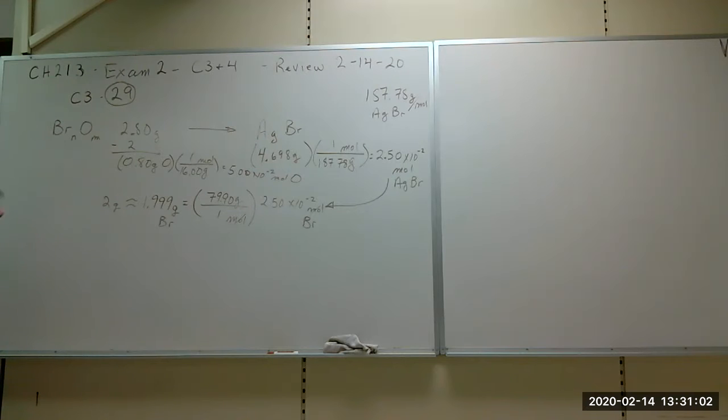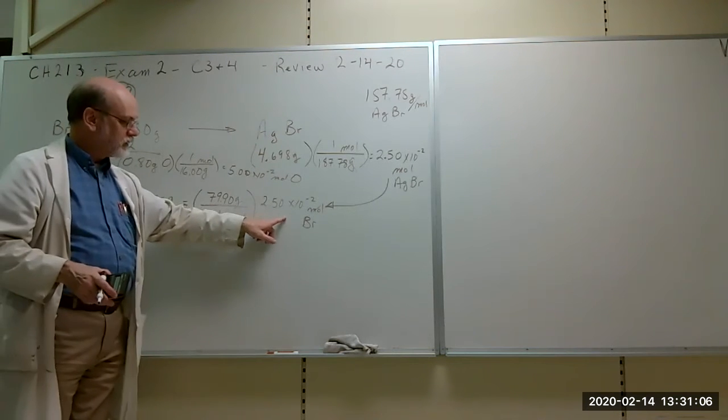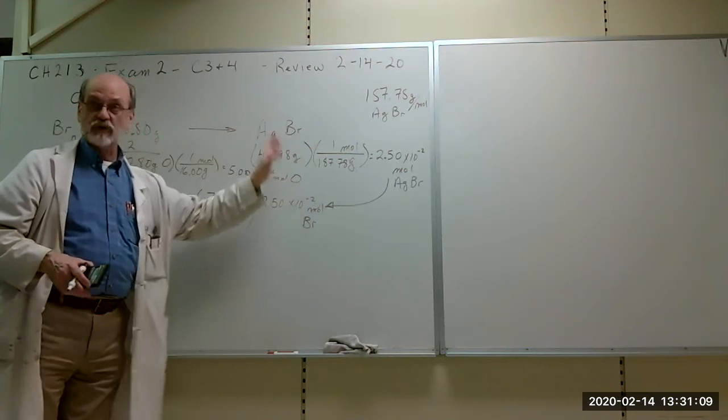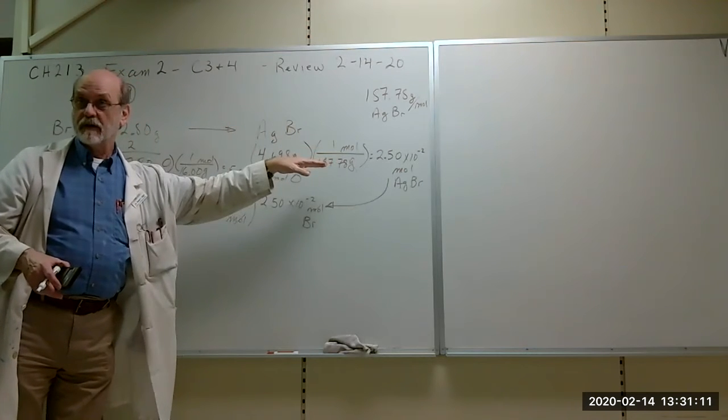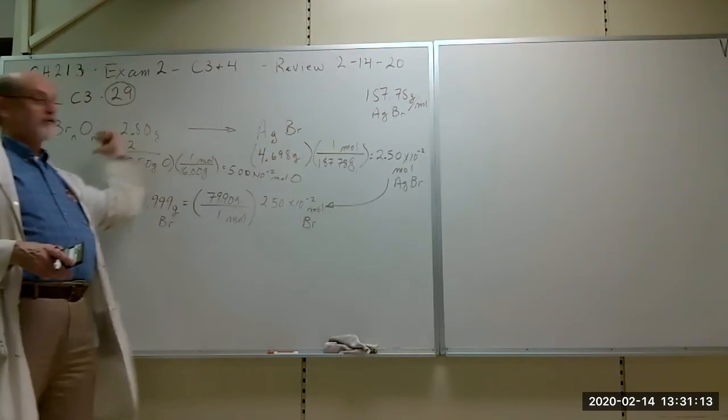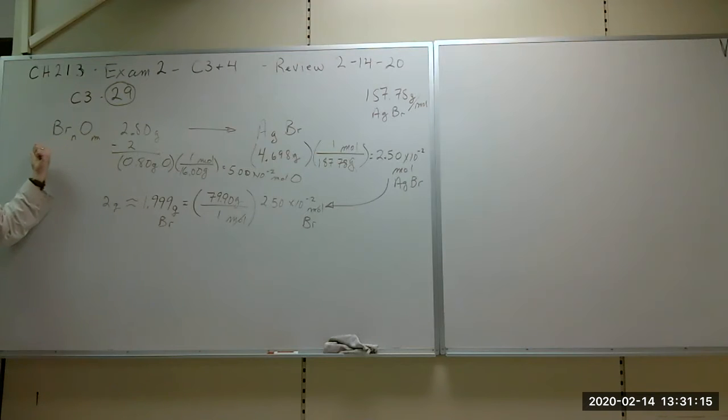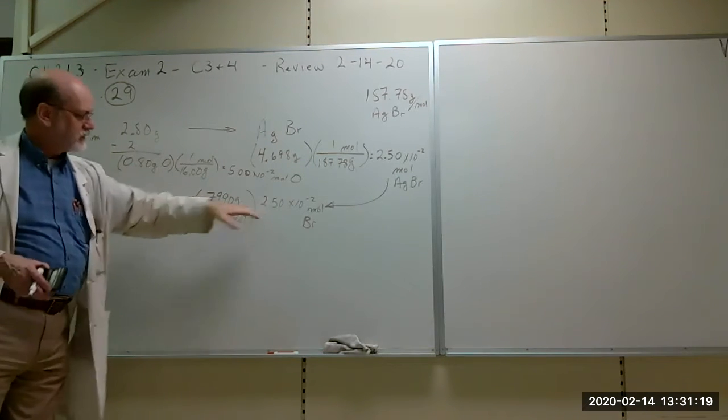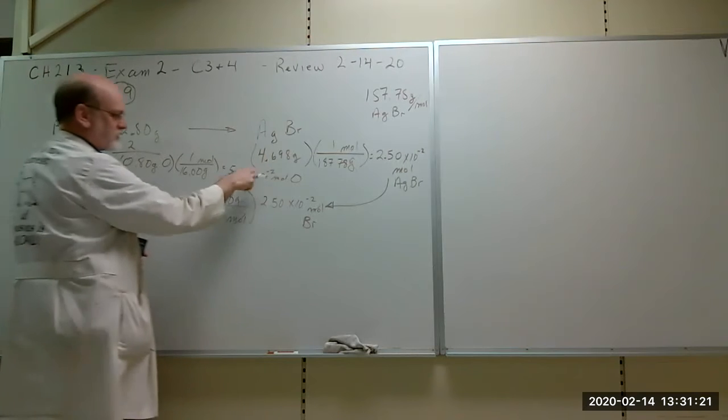Okay, now we have a ratio, right? This many moles ended up over here, that many moles of bromine over here. But that many moles of bromine came from over here. So we know the ratio of bromine to oxygen is, well, they're both 10 to the minus 2.